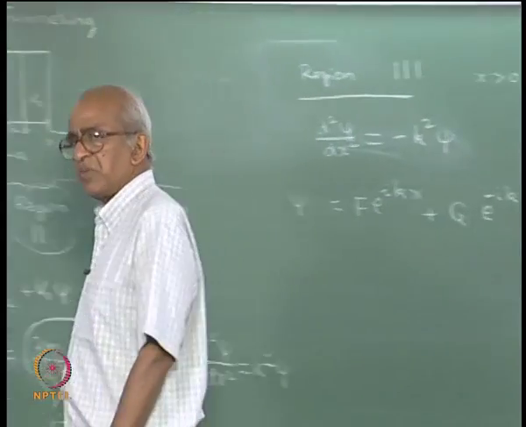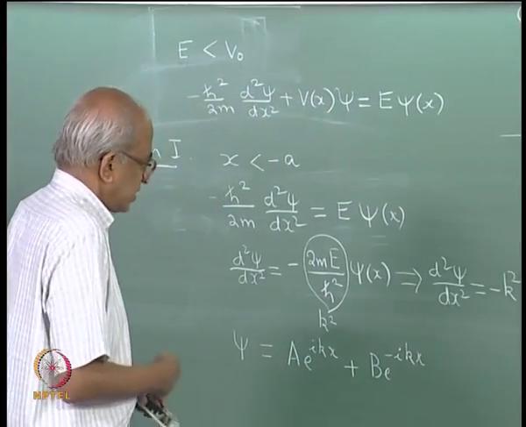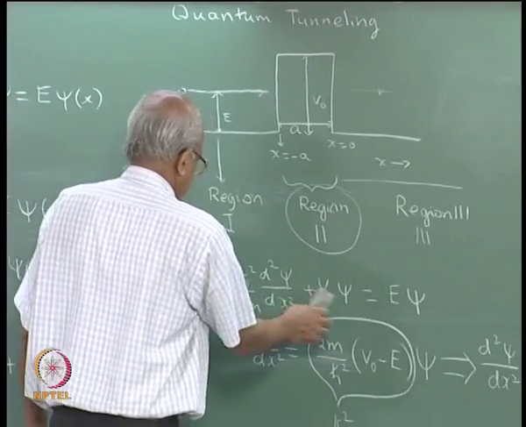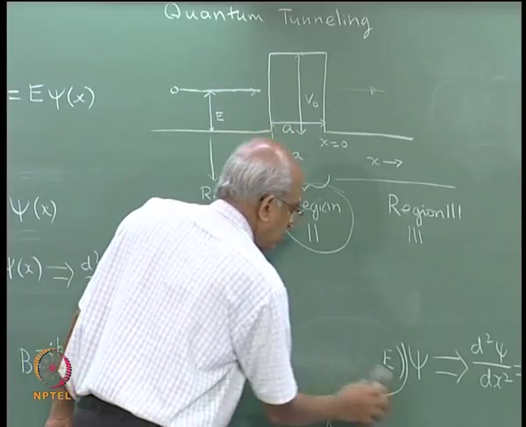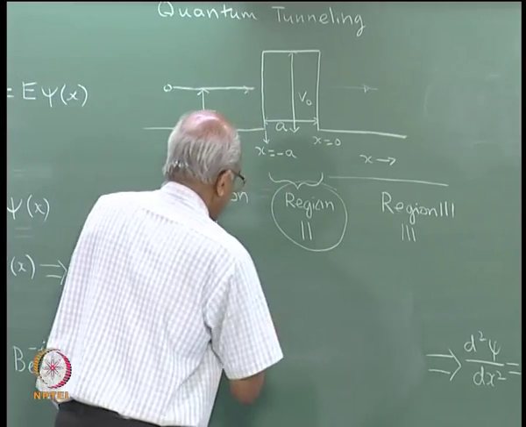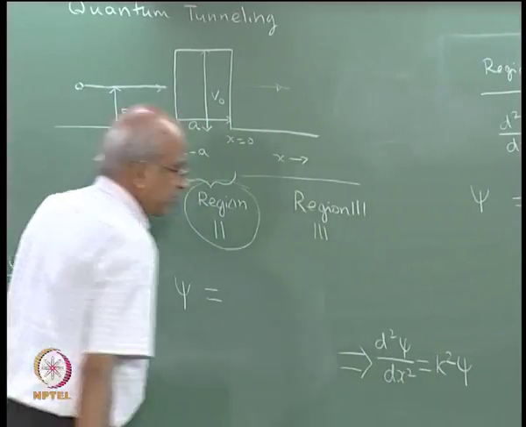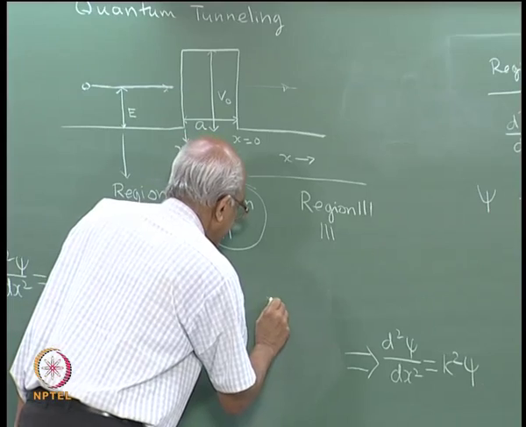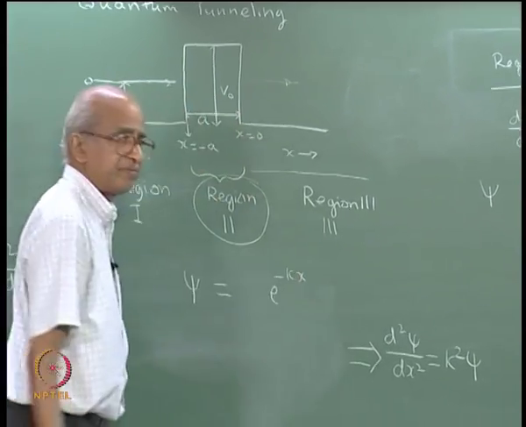And this again is a simple differential equation. You can easily find the solutions of this equation. We will write down the most general solution. Because I want to write it in the same region, let me remove these equations and just write the expression for psi. If you have such a differential equation, the solution is immediate: you can easily verify that e to the power of minus kappa x is a solution.